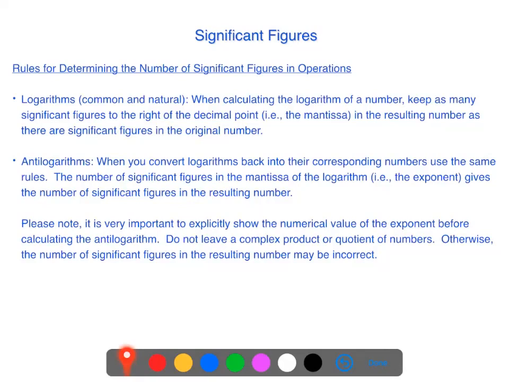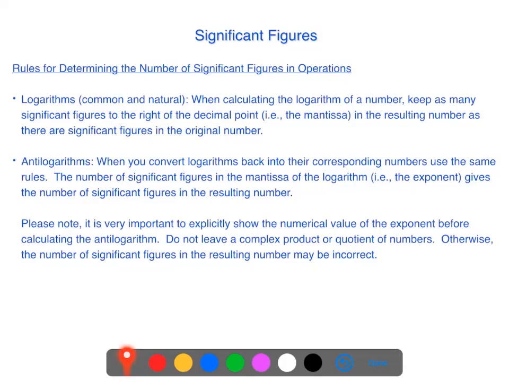Now I want to note that it is very important to explicitly show the numerical value of the exponent before calculating the anti-logarithm. So if you have e to some quotient, you must calculate out the resulting value of that quotient before taking the anti-logarithm.